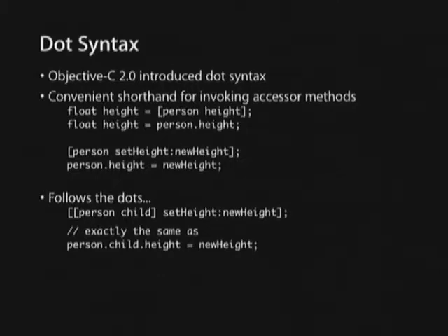In the setHeight example, we would say person.height equals, and that translates automatically into a method called setHeight. So if you want to overload either one of these, what you actually implement in your class is, in the first one, dash float height, and then you can do whatever you want in there, calculate it on the fly. And in this case, you're actually implementing setHeight. So it would be dash bracket void setHeight colon float the variable name height. Right? So this is essentially just a shorthand for getting to these variables quickly.